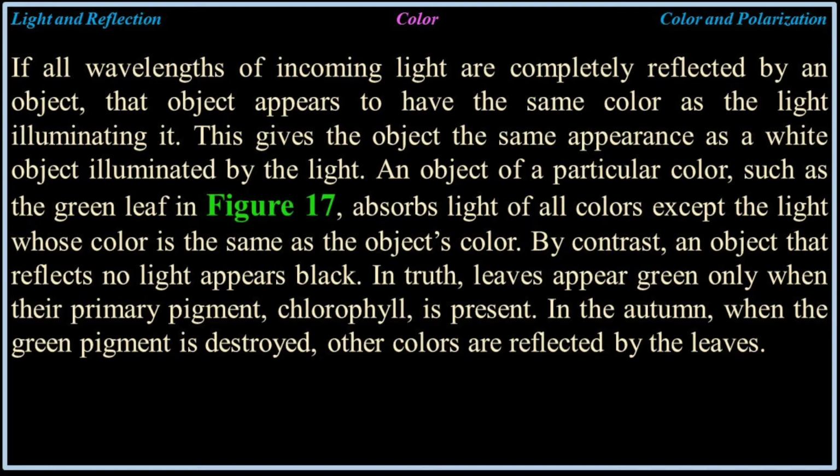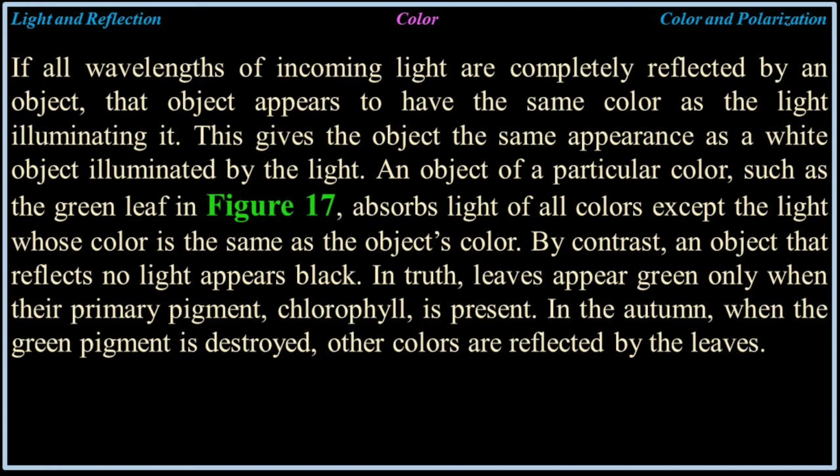If all wavelengths of incoming light are completely reflected by an object, that object appears to have the same color as the light illuminating it. This gives the object the same appearance as a white object illuminated by the light. An object of a particular color, such as the green leaf in figure 17, absorbs light of all colors except the light whose color is the same as the object's color.